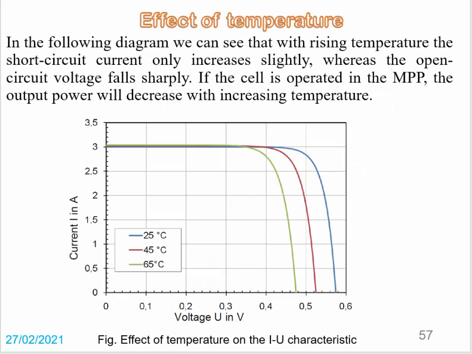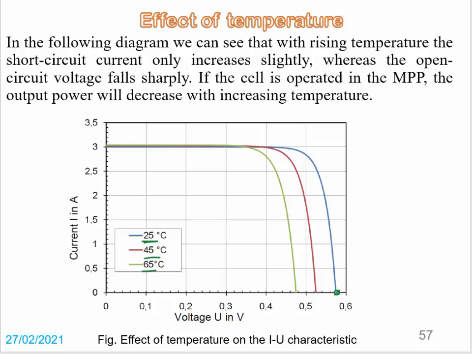As we can see from this curve, this is the open circuit voltage. We have three temperatures: 25 Celsius, 45, and 65.